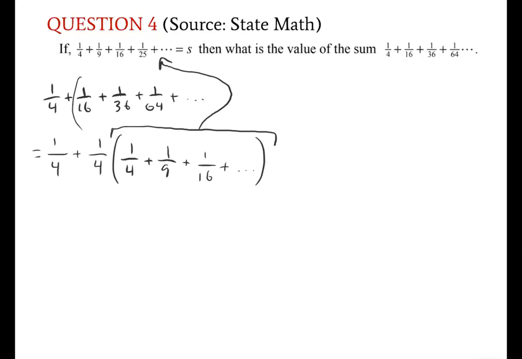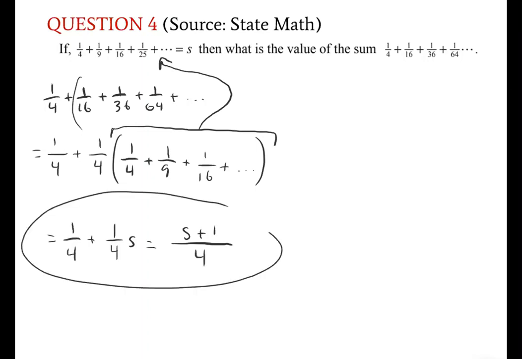So we know that this is just equal to 1/4 plus 1/4 s, which you can also simplify more to s plus 1 over 4, and that's just your answer.